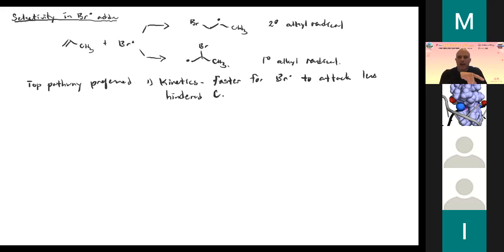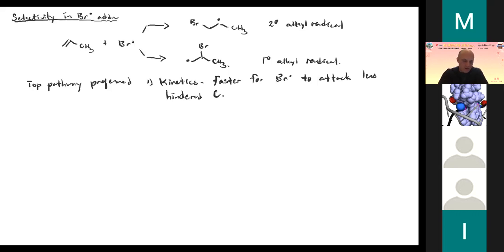And so the ease with which any type of reagent can get to a carbon in a molecule depends heavily upon its steric environment, how much stuff is around it. And a very reliable approximation is that carbons that have fewer carbons attached are more accessible than those that are more substituted.